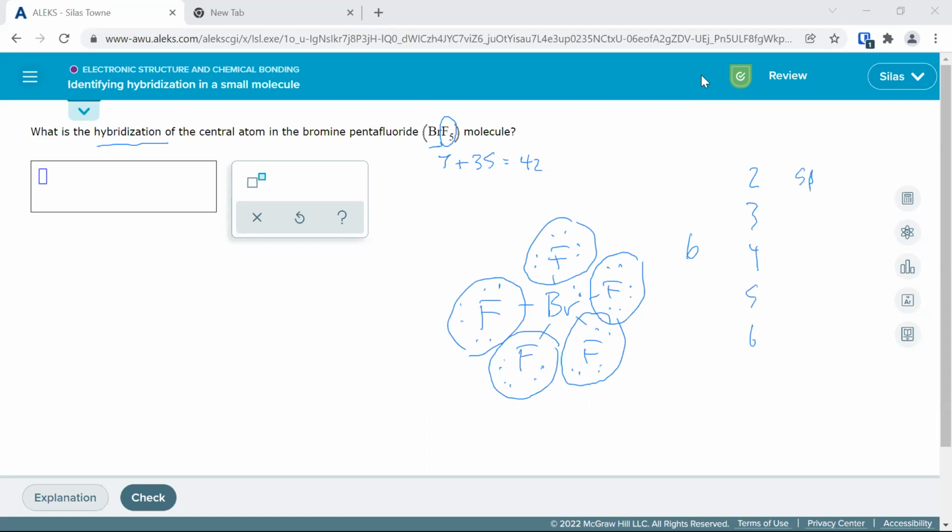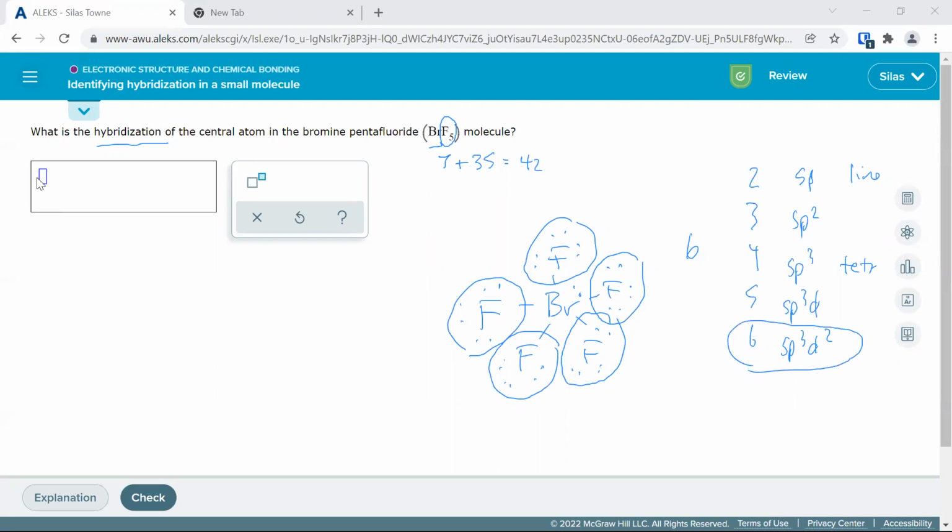So here we have sp, here we have sp2, sp3, sp3d, sp3d2, based on the electron groups and the electron geometry, right? This would be linear, we got tetrahedral, so on. So those line up every time. So to find hybridization, you find the electron geometry, and then you know the hybridization.